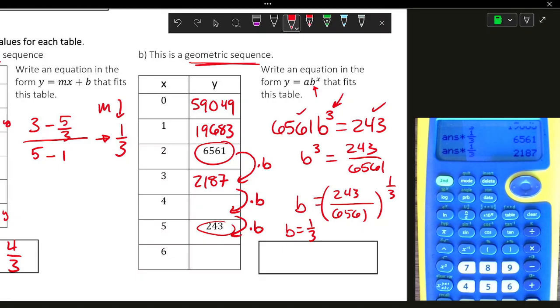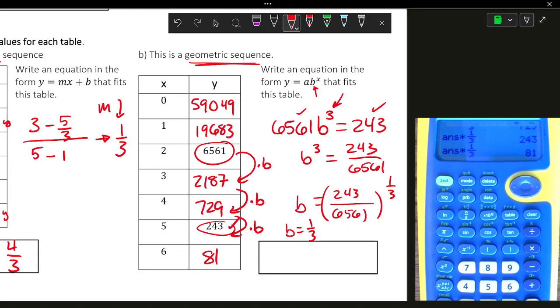And then I got 729. And then I've got 243. Yeah, got it. And then the last value there in the table should be 81. Okay. Well, I'm assuming it should be 81.